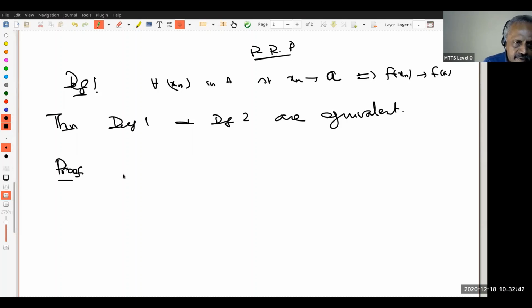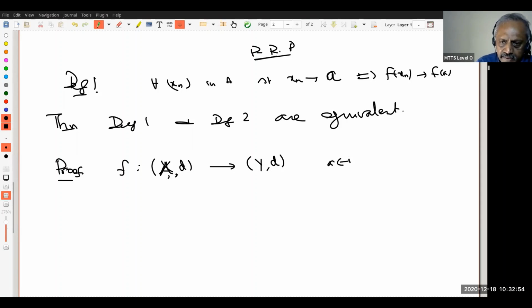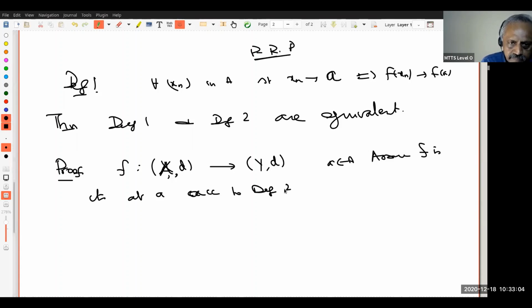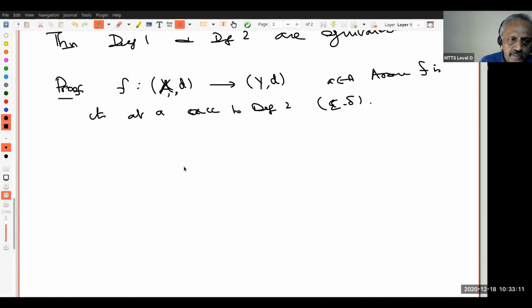Let us assume f from A, let me use A instead of D, if you want, so that you don't get confused, and fix a point a in A. Assume f is continuous at a according to definition 2, that is epsilon delta. Right? What is it that I have to prove? I have to prove that f is continuous according to definition 1.